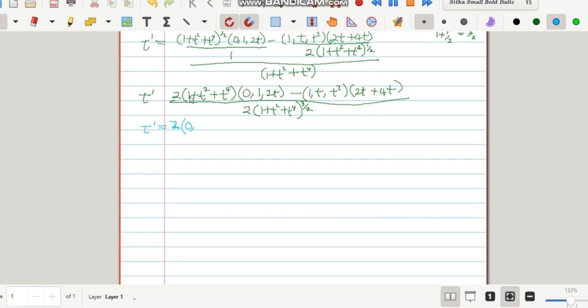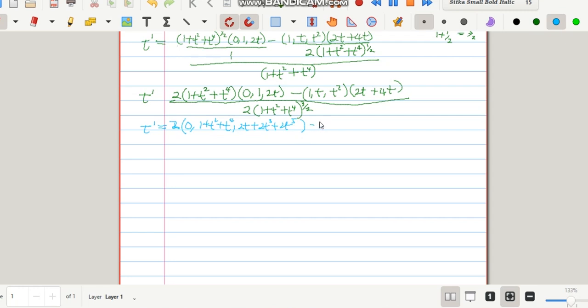Then this will become a 1 multiplying 1, we have 1 plus 1 multiplying t squared, we have t squared, plus 1 multiplying t raised to the power of 4, we have t raised to the power of 4, comma 2 multiplying 1, we have 2t, plus 2t multiplying t squared, we have 2t raised to the power of 3, plus 2t multiplying this, we have 2t raised to the power of 5.